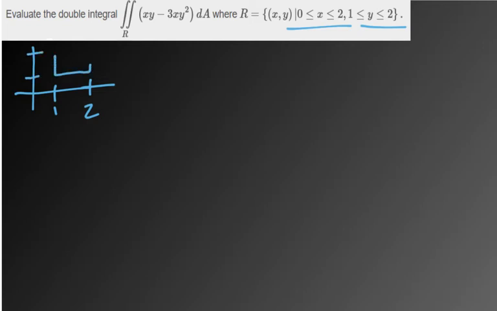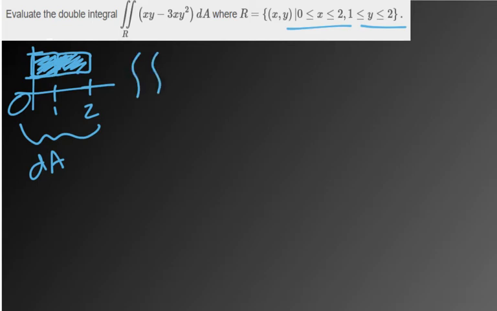And so basically, you have that sort of rectangular region. That's what we're integrating over. This right here is my dA, okay? And it does not matter the order we do this thing. So I'm just going to do dx dy.